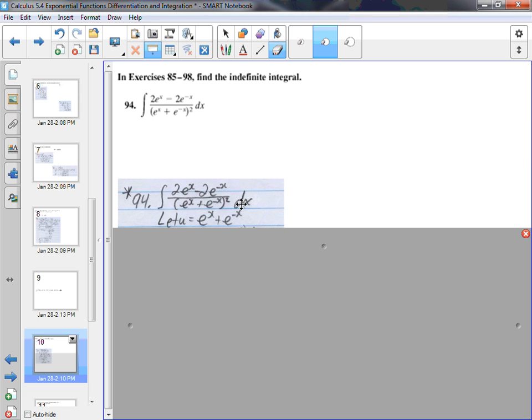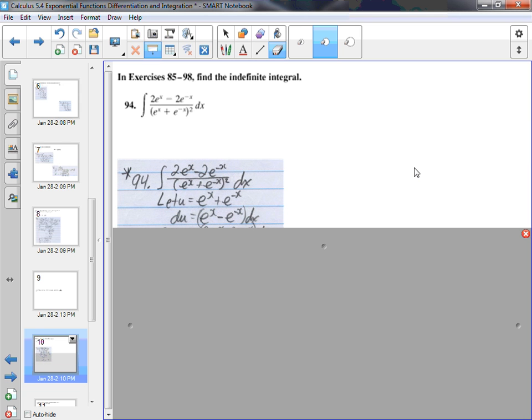Now we have to figure out what du equals. The du is going to be the derivative of u, obviously. So the derivative of e to the x is e to the x. And the derivative of e to the negative x, we can do this in one step.